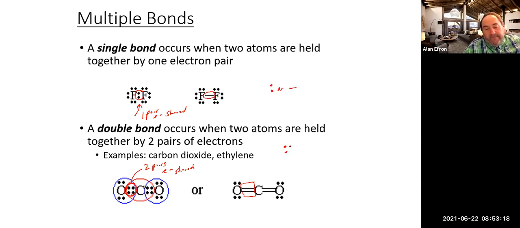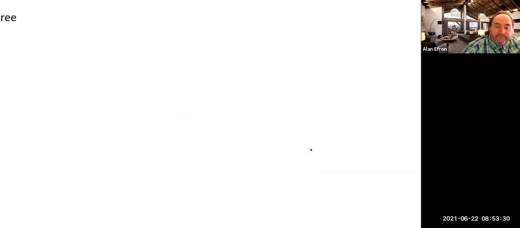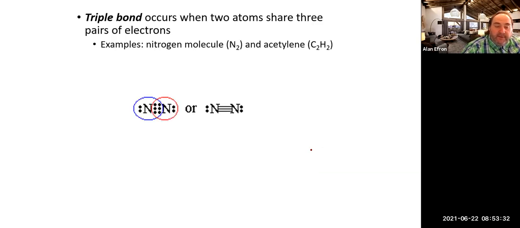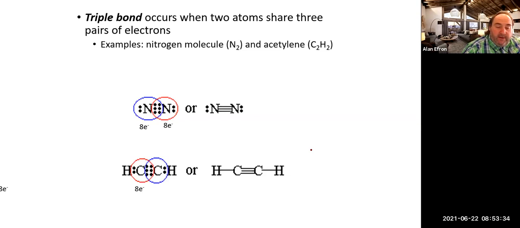A double bond is 4 total electrons, or 2 pairs of electrons. And obviously we can have a triple bond situation, where we are sharing 3 pairs of electrons, as we see here in the nitrogen.